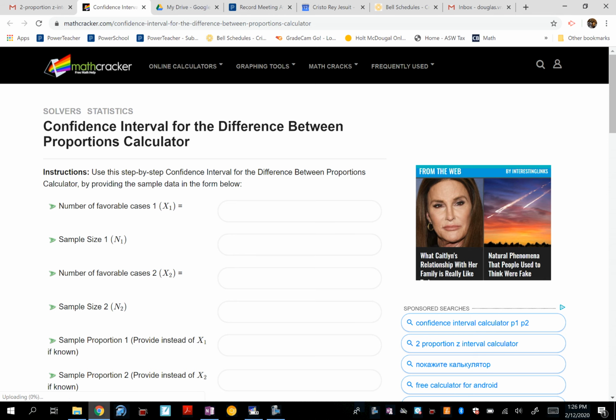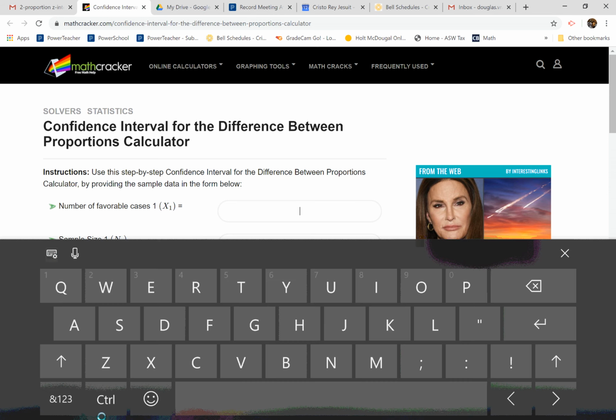So let's do the number of favorable cases for our first group of nurses. This is a little tricky because did they tell us how many nurses in the day shift are expressing positive job satisfaction? They didn't, they just said 84%.